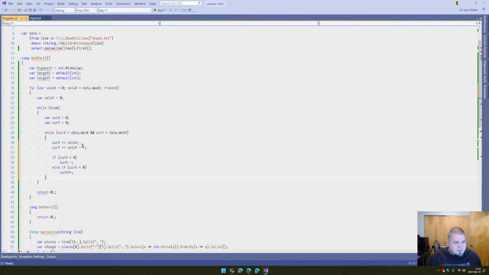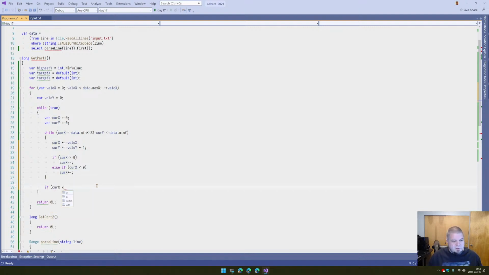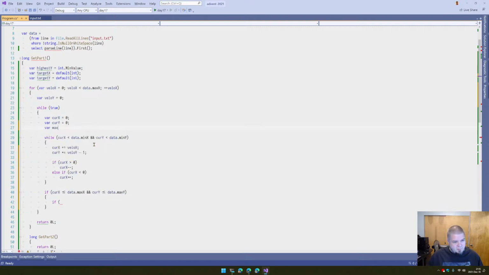Okay, so this should give us a potential hit. All right, so if this is a hit, that would mean current x is greater than or equal to data.max x. Less than or equal to, sorry, less than or equal to. And current y is less than or equal to data.max y. If that's true, then we have a hit. We'll say max y is going to be int min value again.